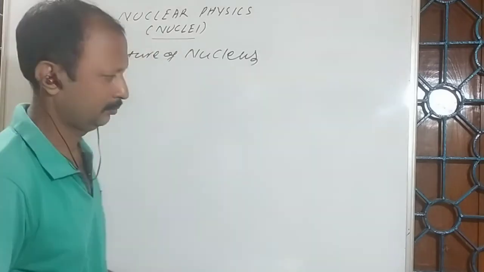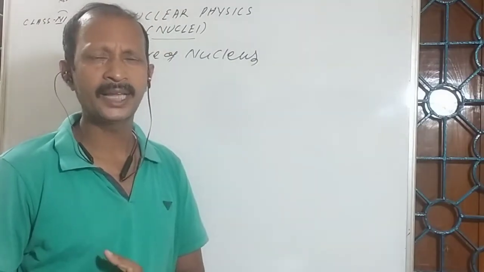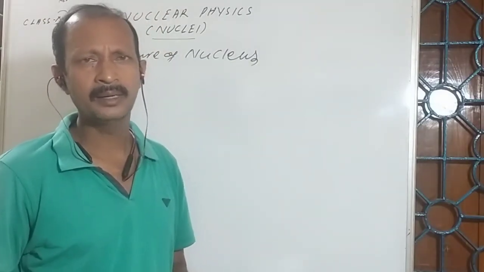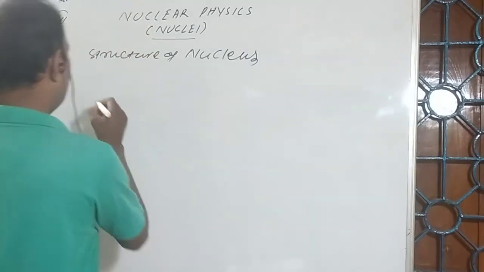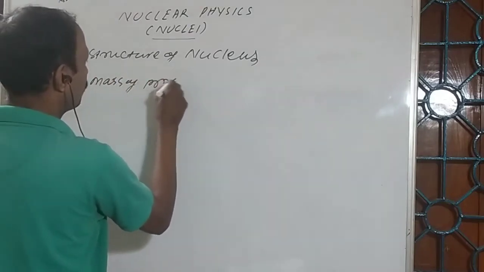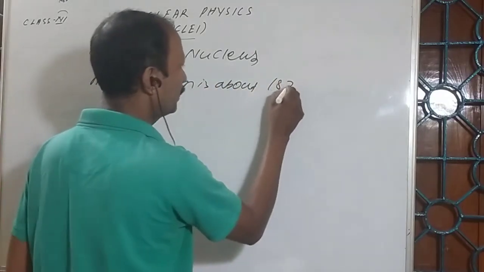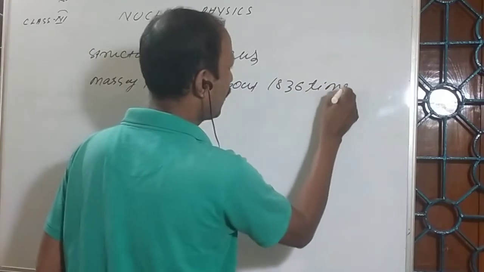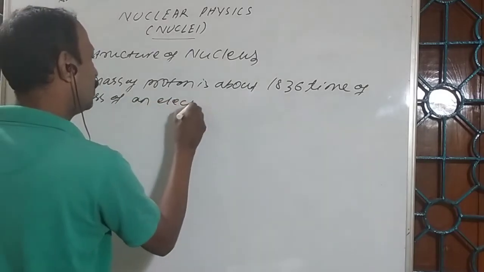You know that the mass of a proton is almost 1836 times the mass of an electron.